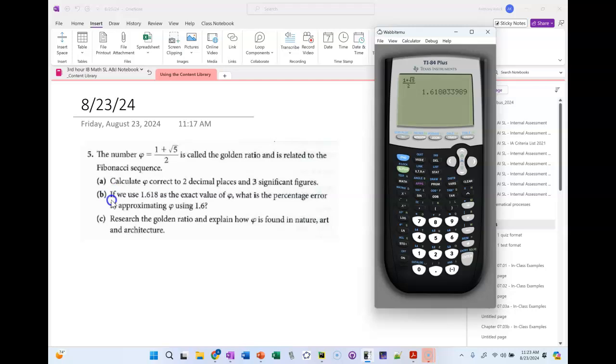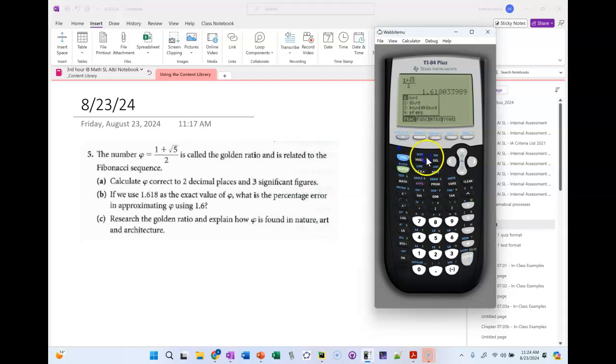It says in part B, if we use 1.618 as the exact value, what is the percent error if we approximate it as 1.6? So I'm going to type this into the percent error formula. So I'm going to go get my absolute value. I'm pressing math. I'll go over to number. ABS is absolute value. And then there's a fraction in there.